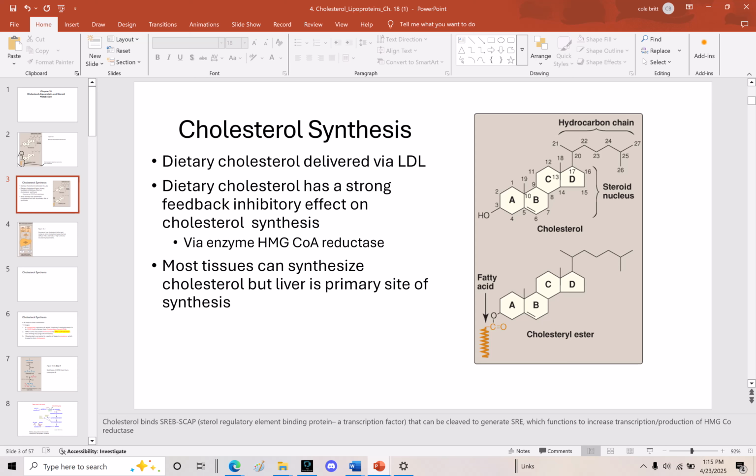So there's a few issues related to the cholesterol, but excess cholesterol will start to harden your blood vessel walls and start creating plaques in your blood vessel walls. And that's why LDL is the bad cholesterol, because its job is to ship cholesterol around the body. And so if you have too much cholesterol, then that's why LDL has a bad reputation.